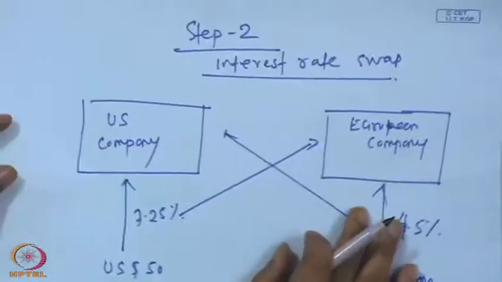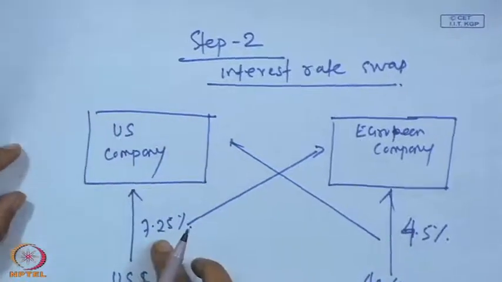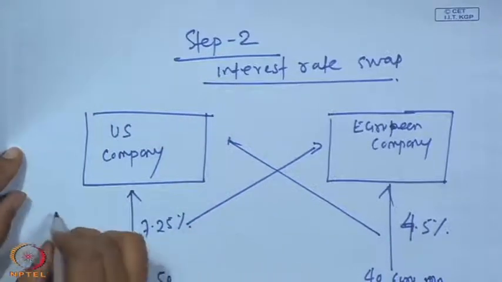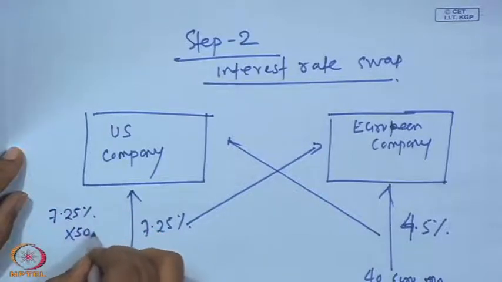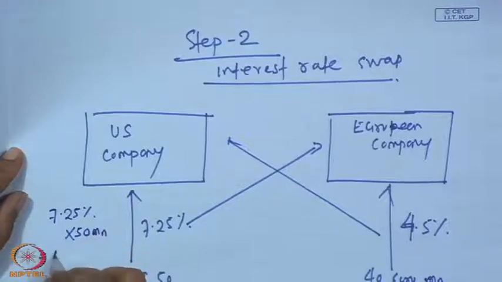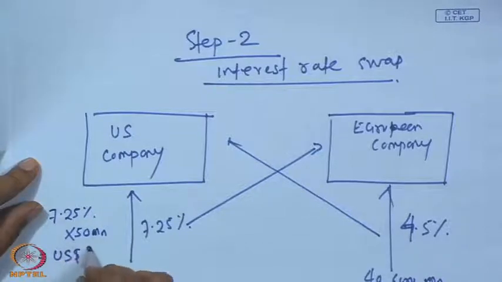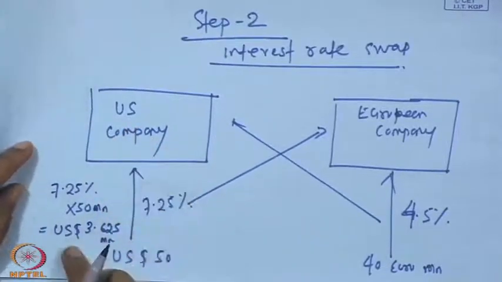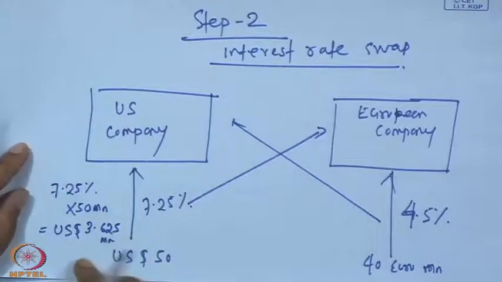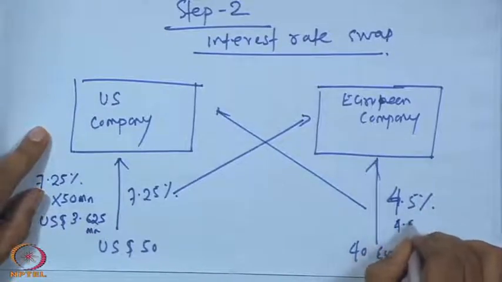In calculation, 7.25% of 50 million US dollar is 3.625 million US dollar.